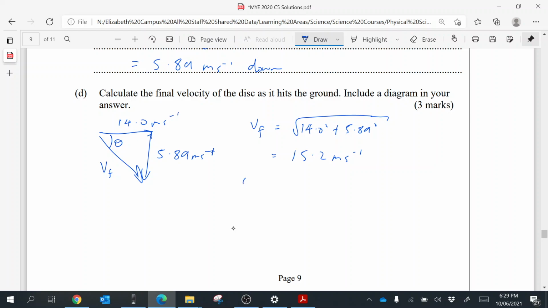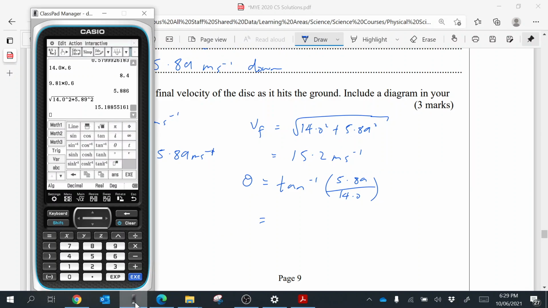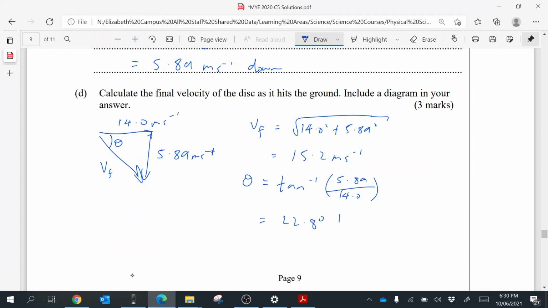And we also need the angle theta, which is equal to tan to the minus 1 of opposite 5.89 over adjacent 14.0. Tan to the minus 1 of 5.89 divided by 14.0 is 22.8 degrees, and is below horizontal. Okay, so that's this angle in here. That is below the horizontal line.